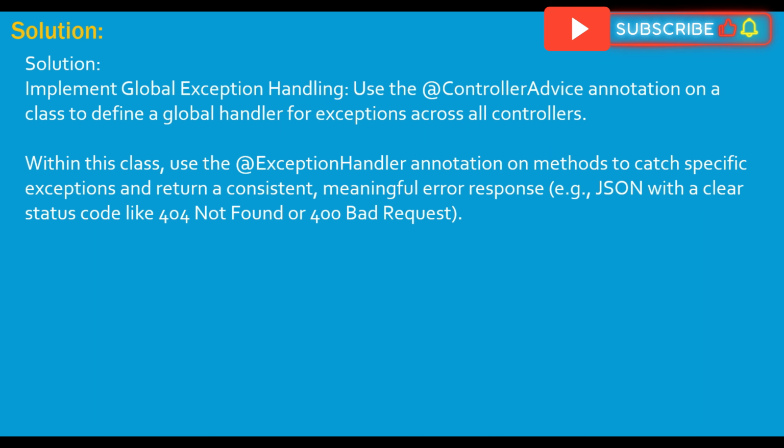The application should have a standard format as a return, right? So let's say a null pointer exception is happening, it should return in the same format as when any other exception has occurred. It should show some meaningful error.